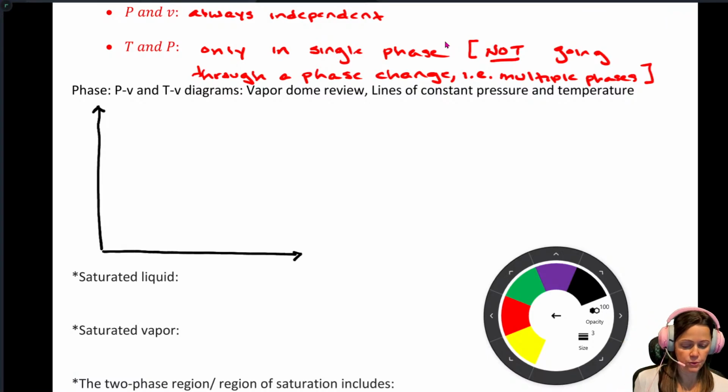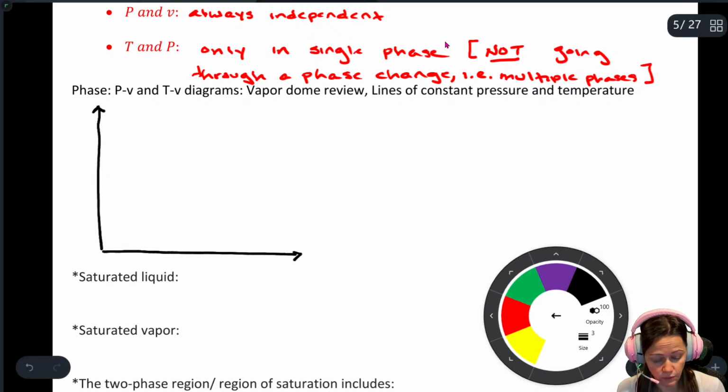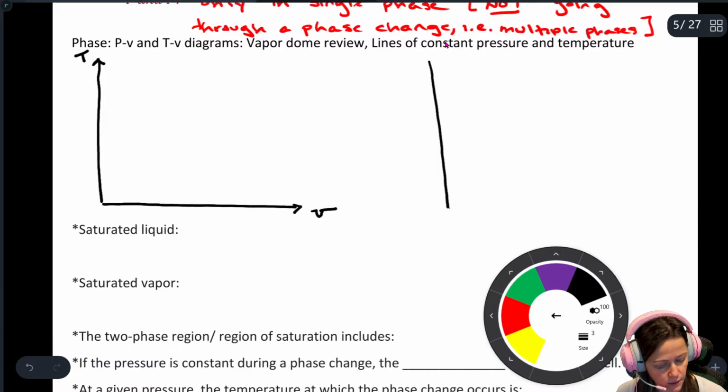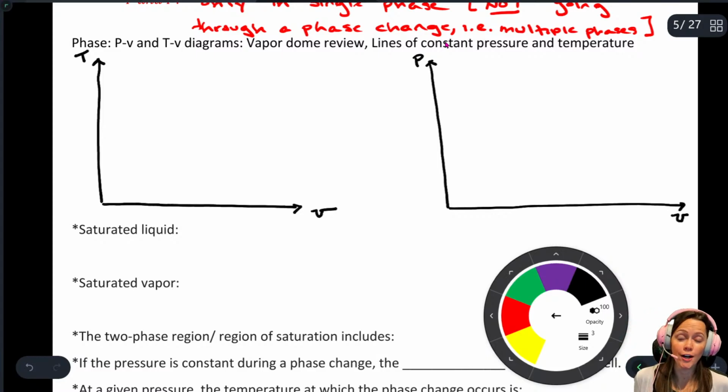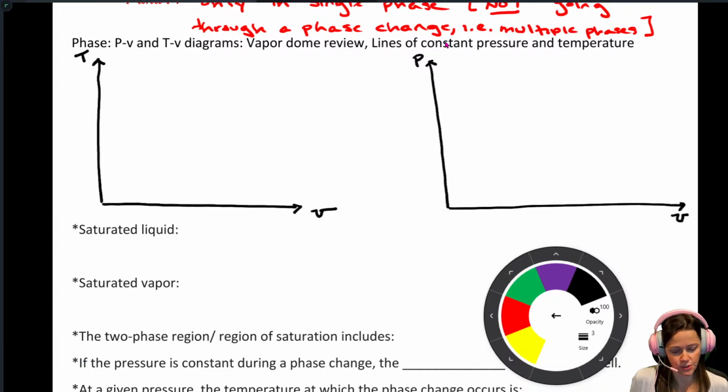So taking that 3D representation and just looking at, say, the pressure and specific volume data, or the temperature and specific volume data. It doesn't mean the other information is gone. It's still there, but it's just not there in a 3D format.